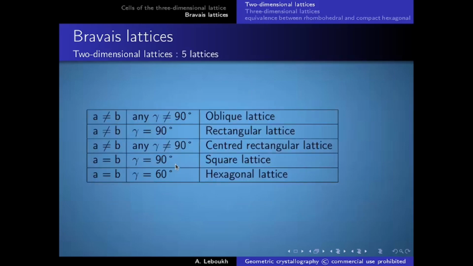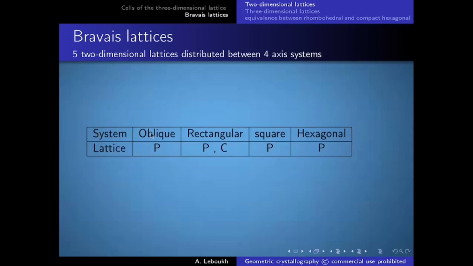To recapitulate these results in a table, we have the oblique lattice with this condition, the rectangular lattice with another type of condition, the centered rectangular lattice with this condition, and the square lattice and hexagonal lattice. We have 4 systems: oblique, rectangular, square, hexagonal.